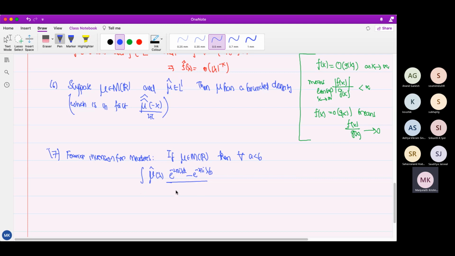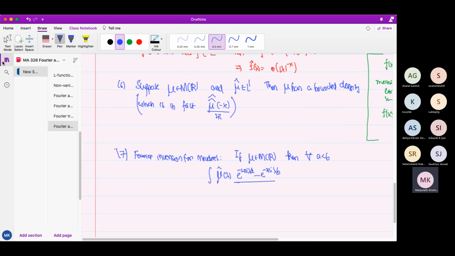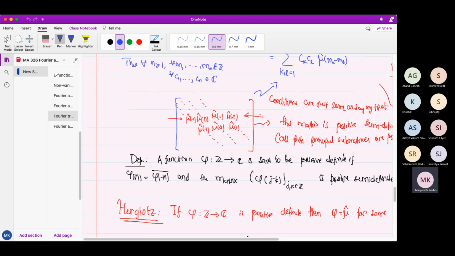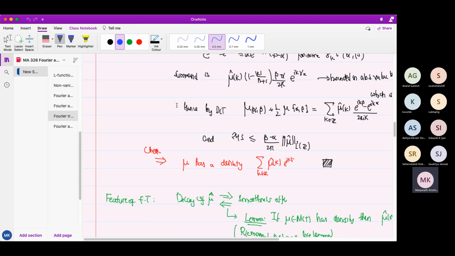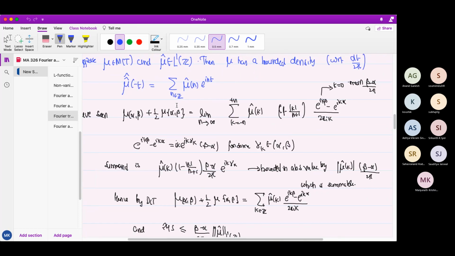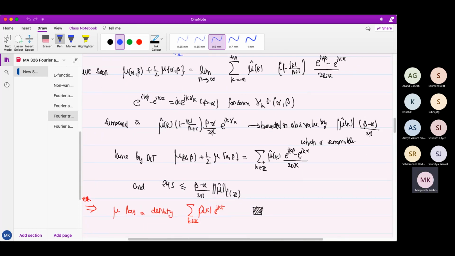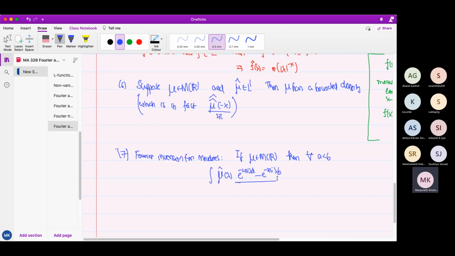What was the formula in the circle case? It's the analogous formula here. We had mu hat of k times e to the i k beta minus e to the i k alpha, over 2 pi i k, summed. So this will become an integral, and here we will have 2 pi i lambda b.